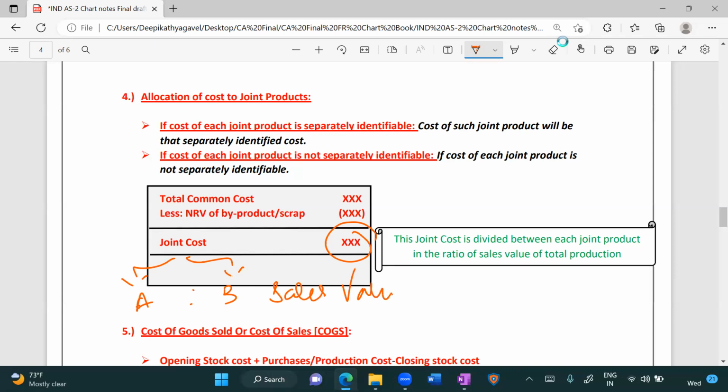Let's say A is expected to sell 10,000 units and B will sell 20,000 units. A will sell at 20 rupees, B will sell at 40 rupees, right?